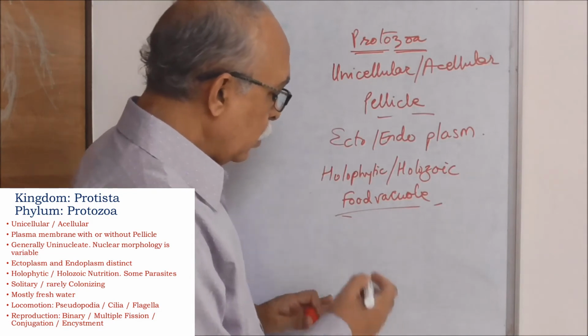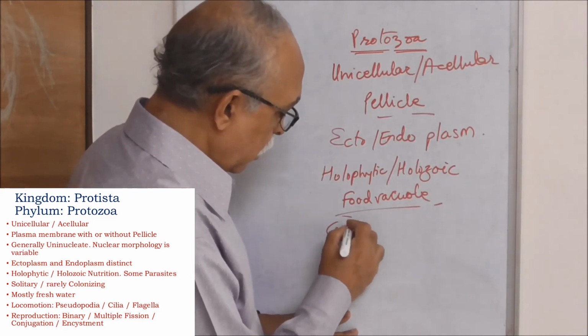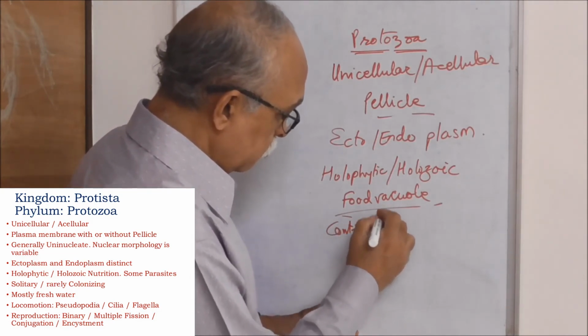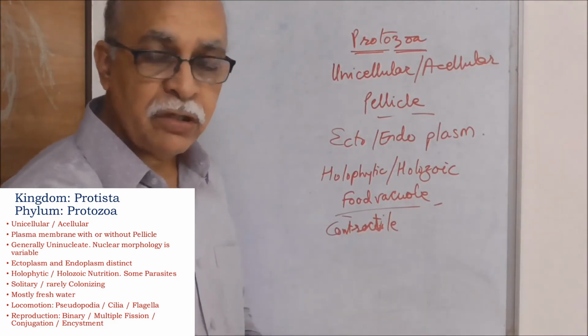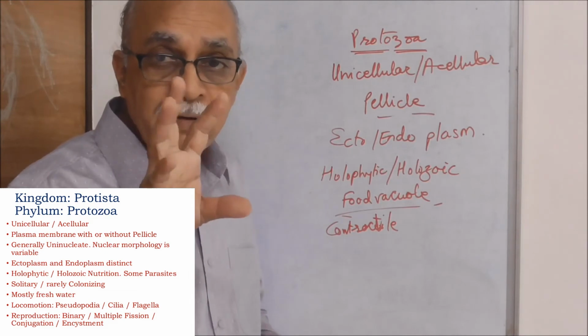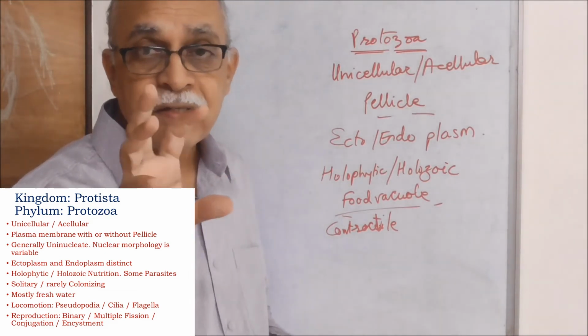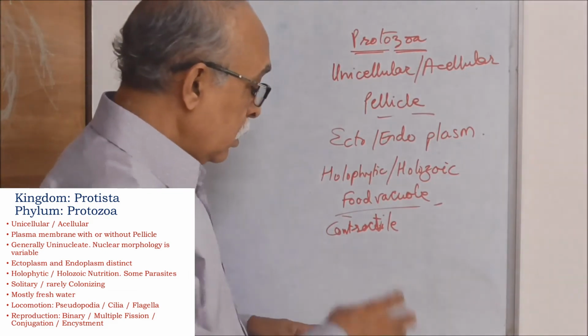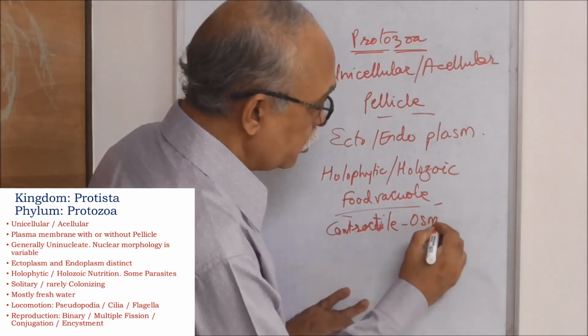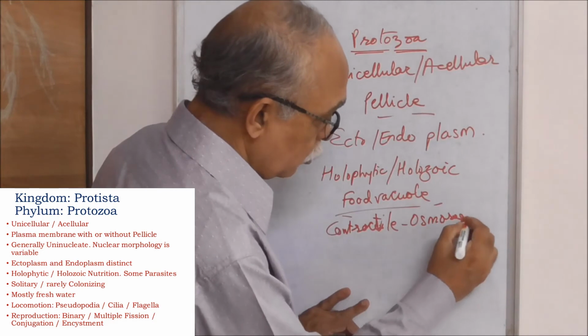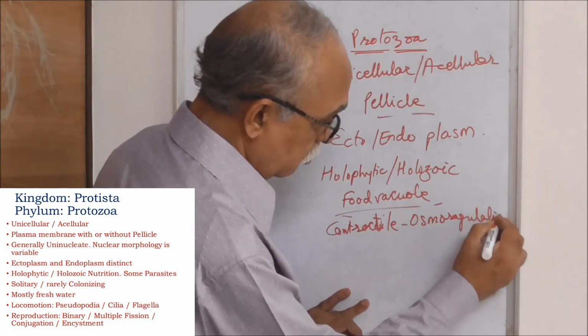When you talk about vacuole, there is something called a contractile vacuole as well. As the name suggests, it can contract and relax. It can contract and extend. This would help in maintaining an osmotic balance. So let's call it osmoregulation.